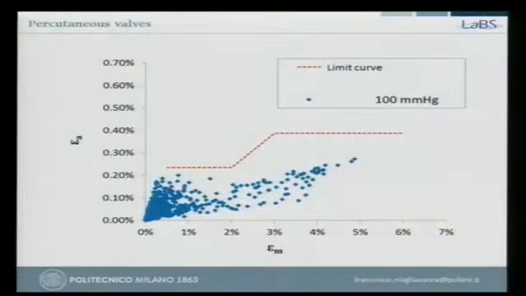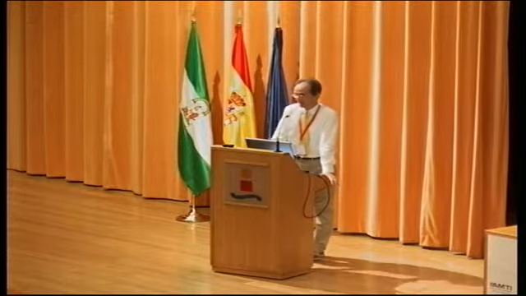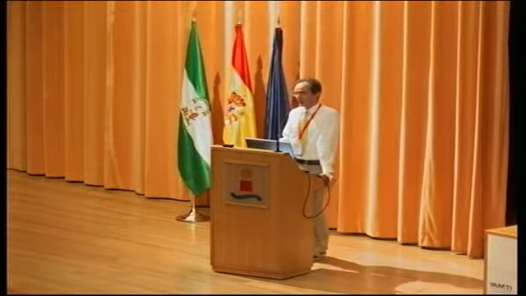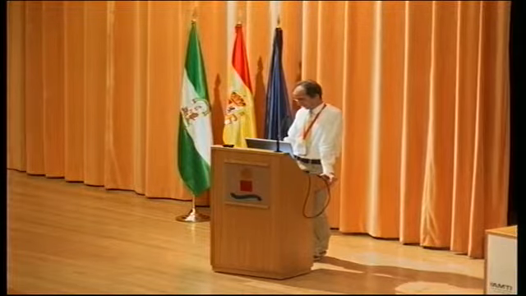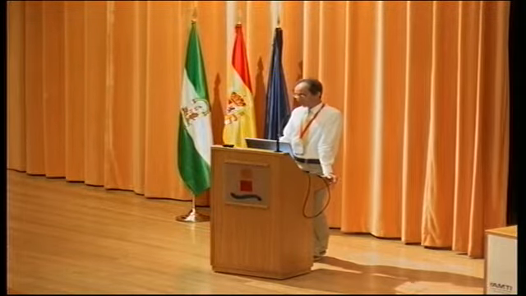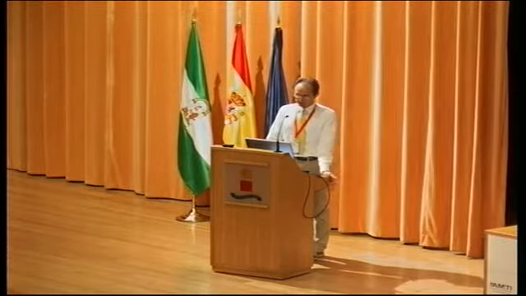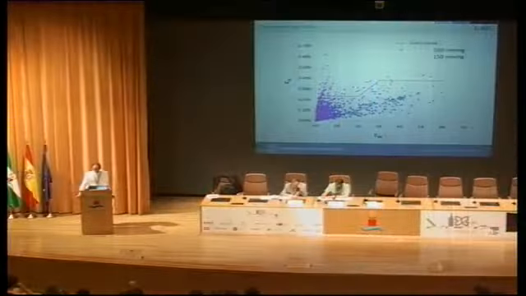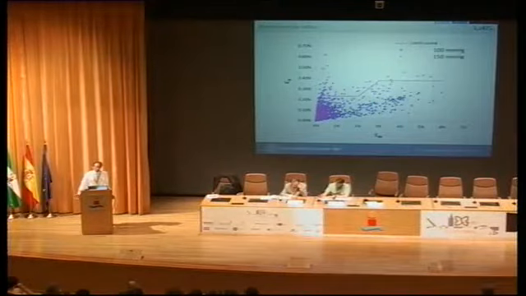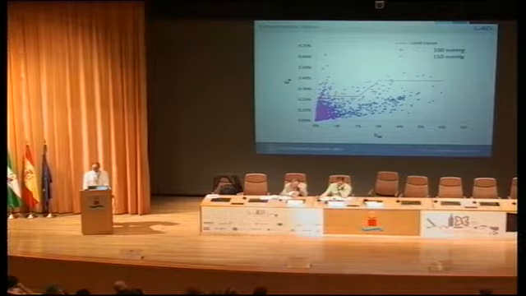We can plot this in a constant life diagram, and with these results, we can say, okay, we don't expect any fracture when we apply 100 millimeters of mercury as a gradient. If we do a simulation with 150, the strain field is different, and we expect to have some fracture, or at least the mechanical solicitation to the valve is more dangerous.